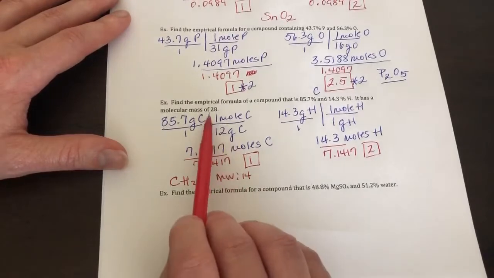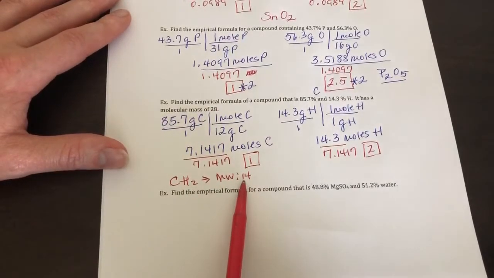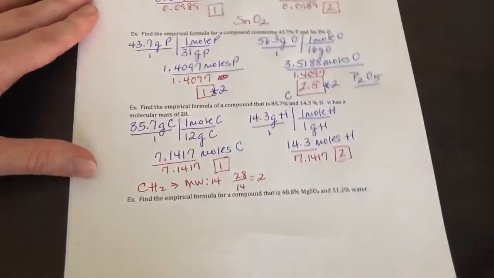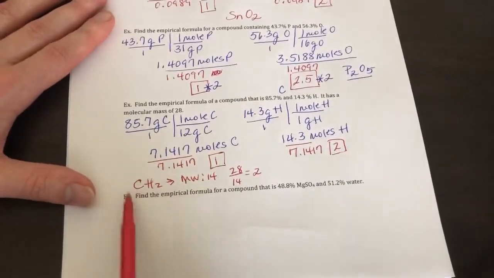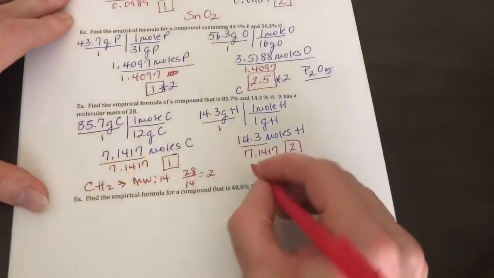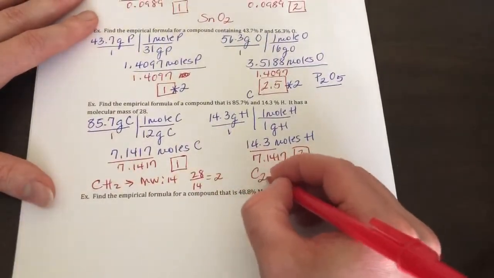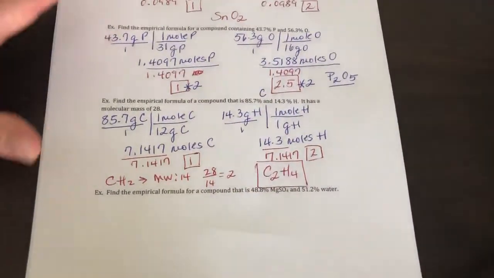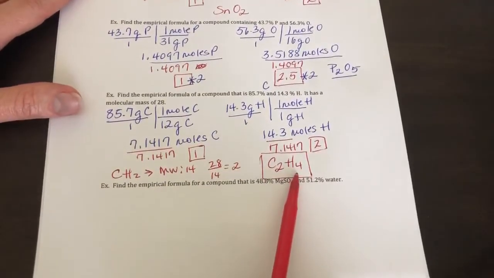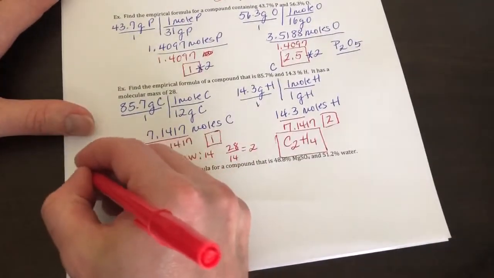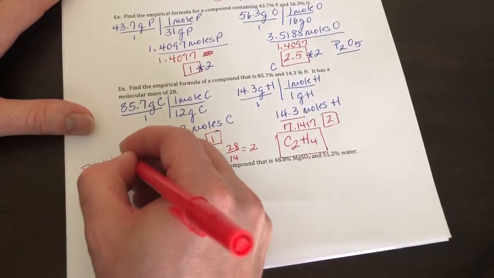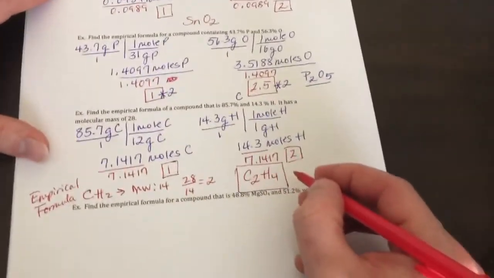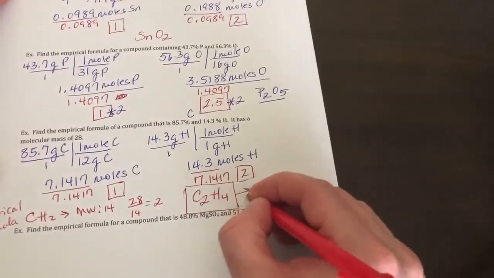So 28 divided by 14 is equal to 2. So we're going to have to double everything in this empirical formula. So C2H4. Okay, so the molecular formula for this is going to be ethylene. So this is the empirical formula. And this is going to be, oh, I keep hitting my camera, your molecular formula.